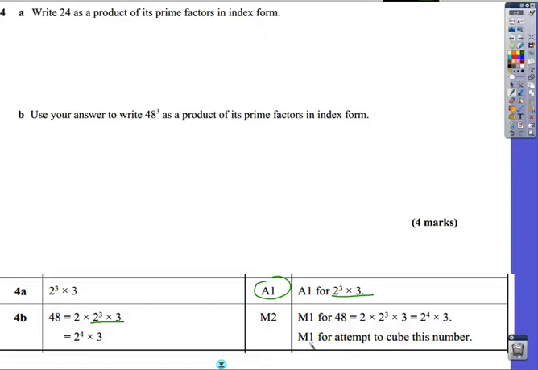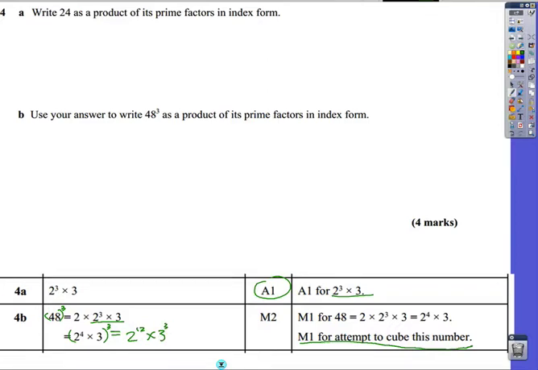You need to cube this number to get the last method mark. So if we cube this, that would give 2 to the power of 12 times 3 to the power of 3.